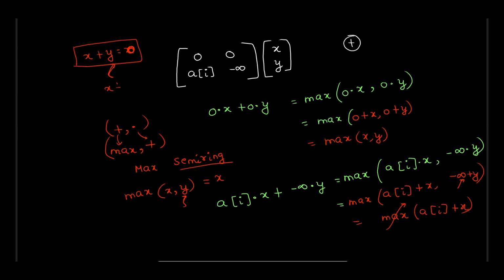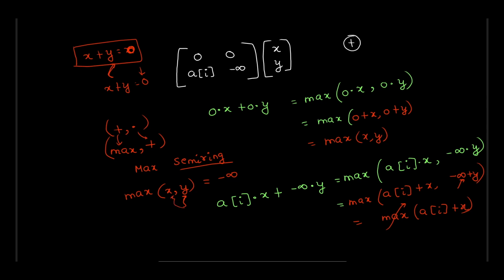If I tell you that x plus y is equal to 0, which is the identity element. Similarly, here the identity element is, let's say, minus infinity. So if I tell you that max of x comma y is minus infinity, there could be a lot of things that could satisfy it.